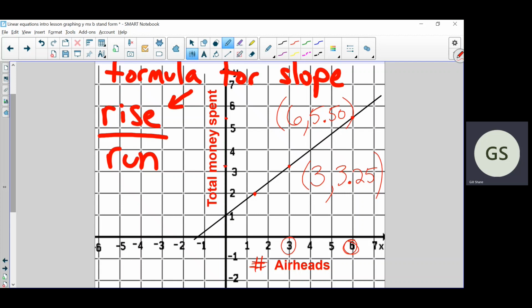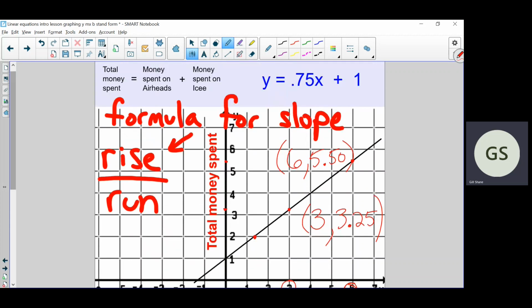Now, every point on the line is an answer to that equation. That is true. Every point on that line would make the right side equal the left side. Problem is, we're not going to have every value for x available. We're only going to have integers available, and no negative numbers either, because we can't buy negative airheads.